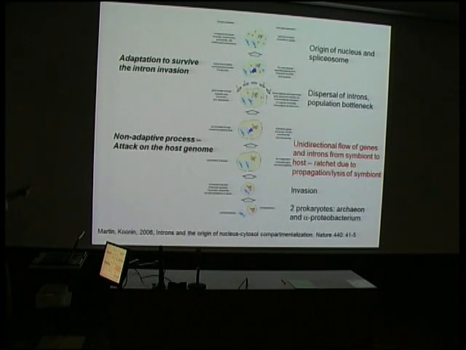This is completely a non-adaptive process. It's basically an attack of parasites on the host genome. Now what follows is the adaptation to survive the intron invasion. So this invasion apparently led to an extremely thin, slender population bottleneck.